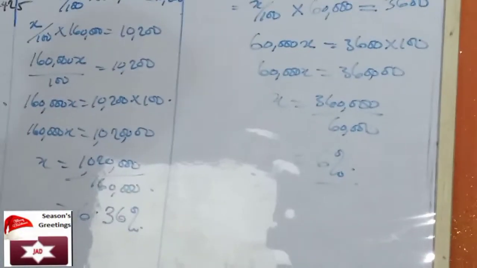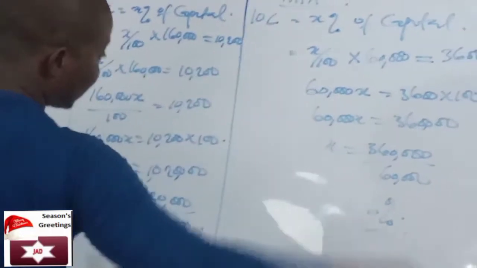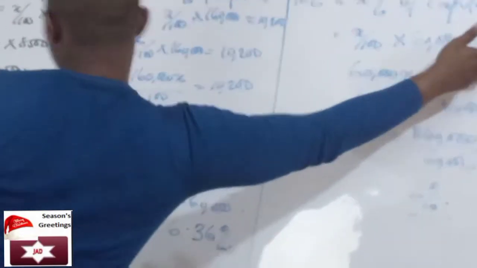So basically, approximately it is 6%. If you want to round it up, without decimal place, this is 6%. This is also 6%. So 6% of 160,000 will give you 10,200. 6% of 60,000 will give you 3,600.